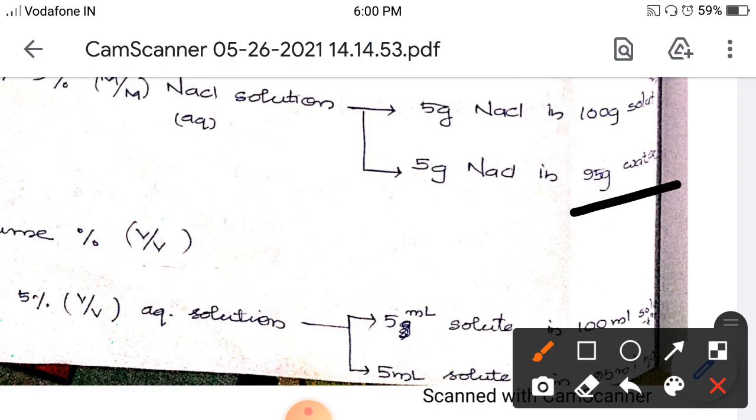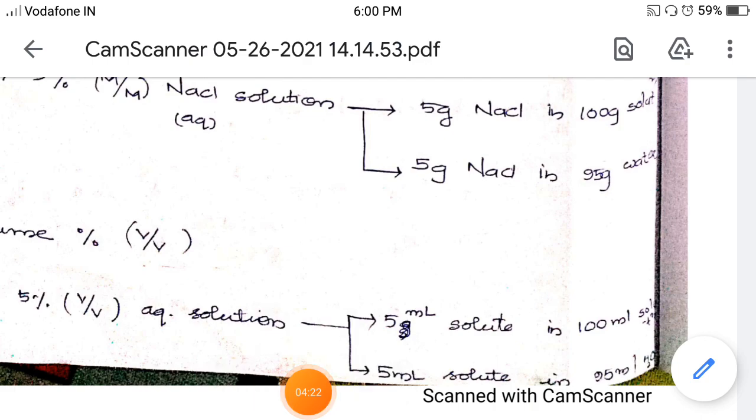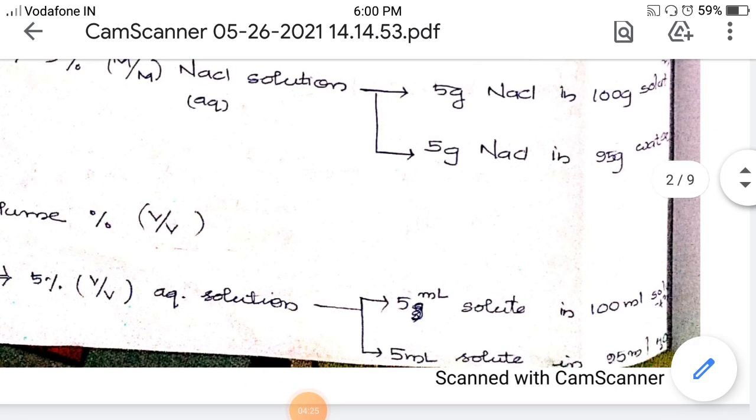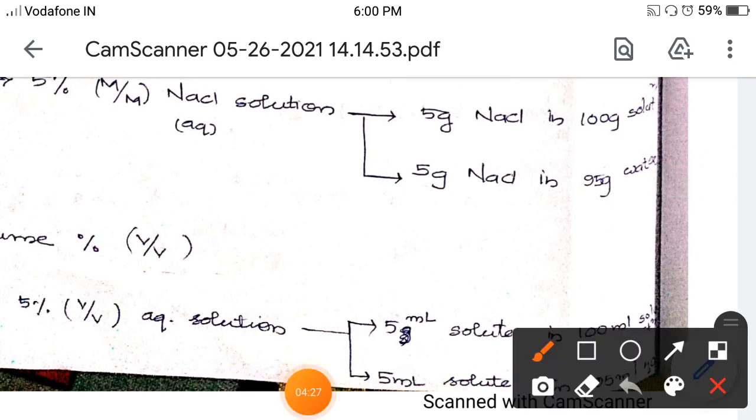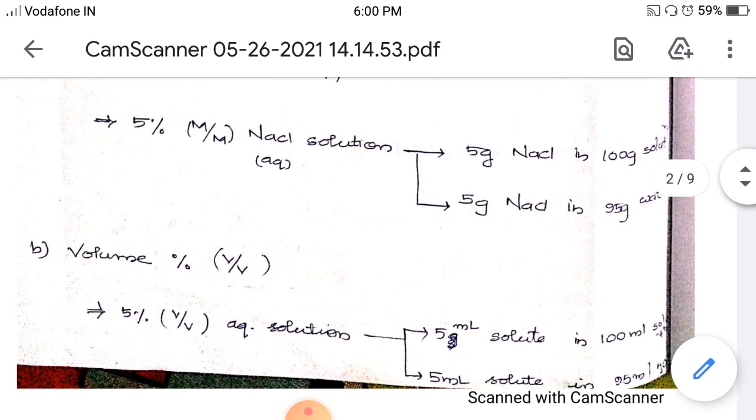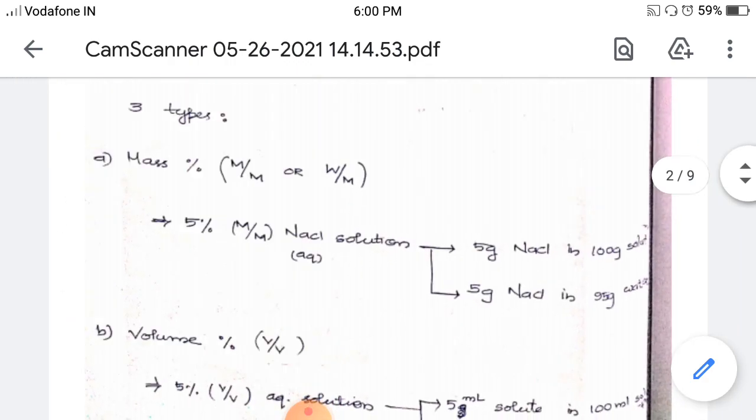The 95 comes from subtracting 5 gram, because 5 gram is the solute. So we can express it in terms of solution and also in terms of solvent.